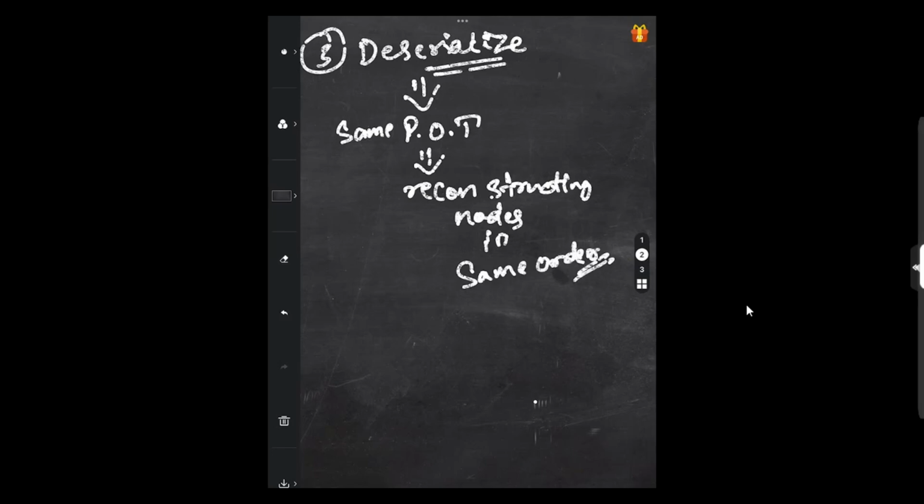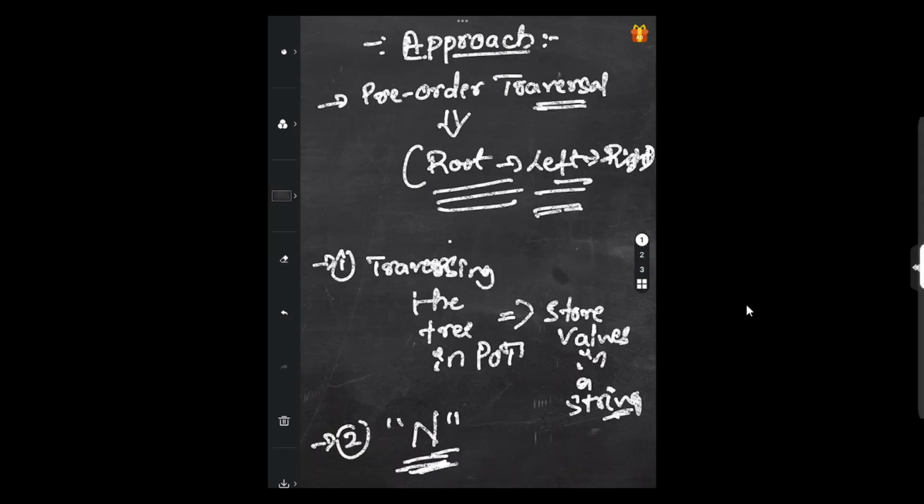So the output has to be always equivalent to the input, right? Here in this approach, we are traversing the tree in pre-order. We know this is the order of execution of the nodes for the tree: root followed by left followed by right, and we will be storing the values in the string.